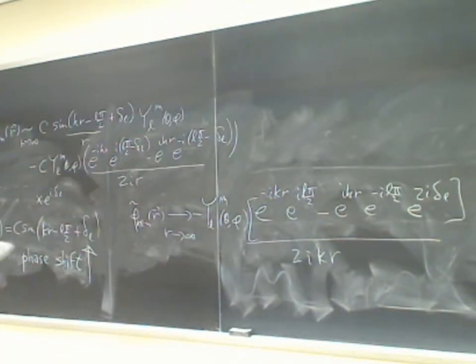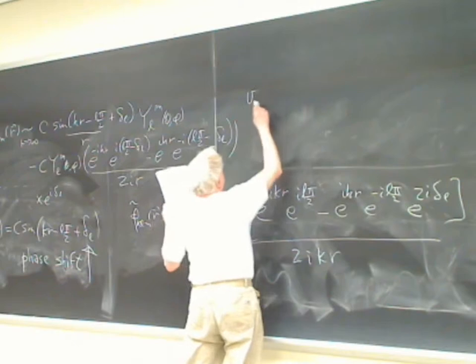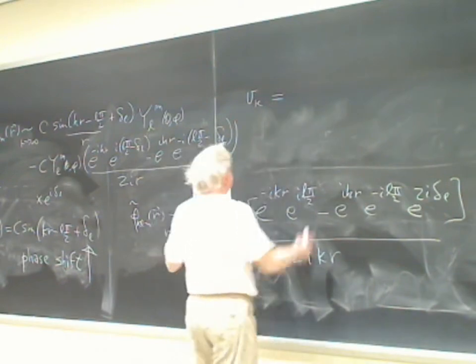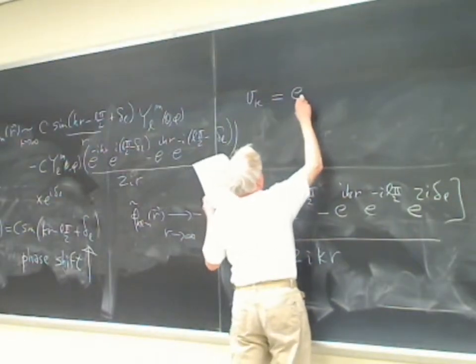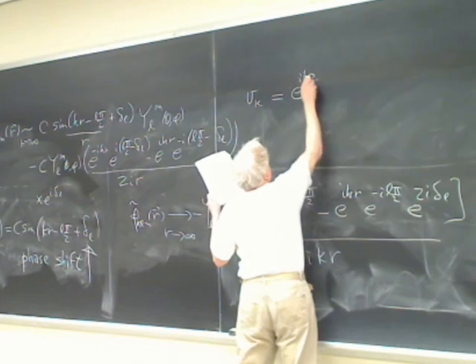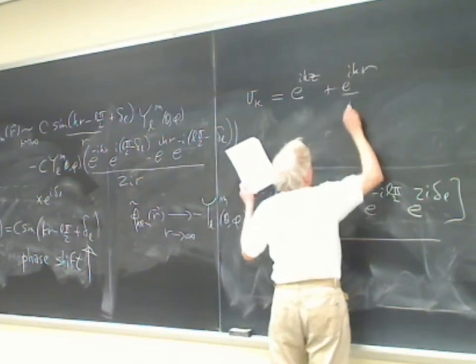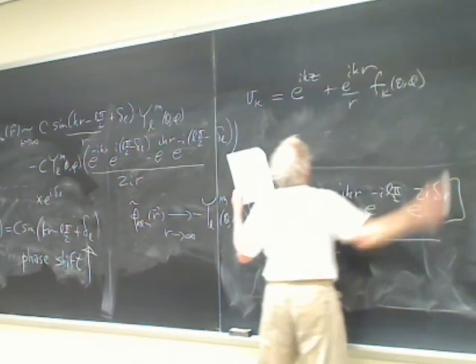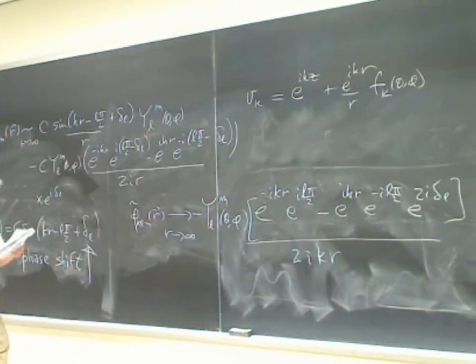All right, so remember the way we've written our notation is that the full wave function is the incoming wave function plus e to the I k r over r f sub k of, in principle, theta and phi, although for a spherically symmetric potential there's no phi dependence.